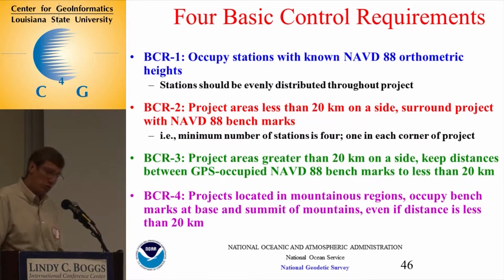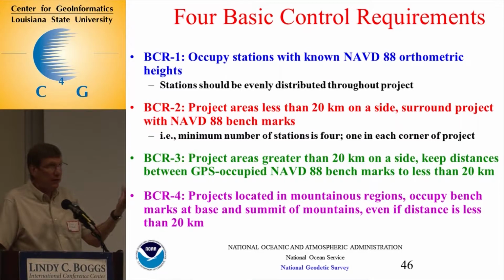What you're going to do is the same thing. You're going to take those GPS stations that you're occupying benchmarks, because you want to make the GPS ellipsoid heights consistent with NAVD88.